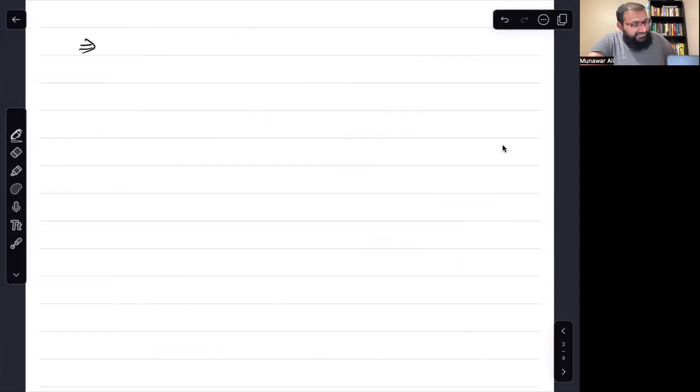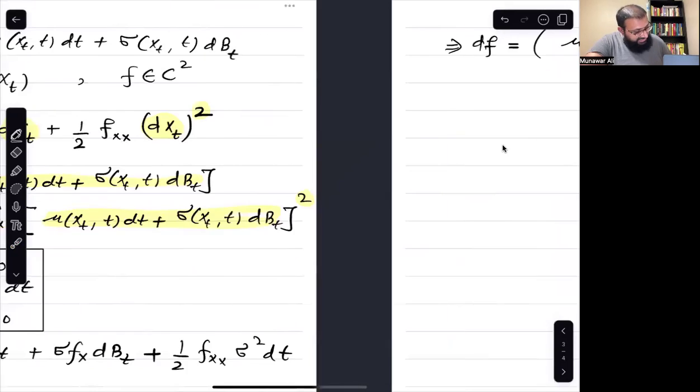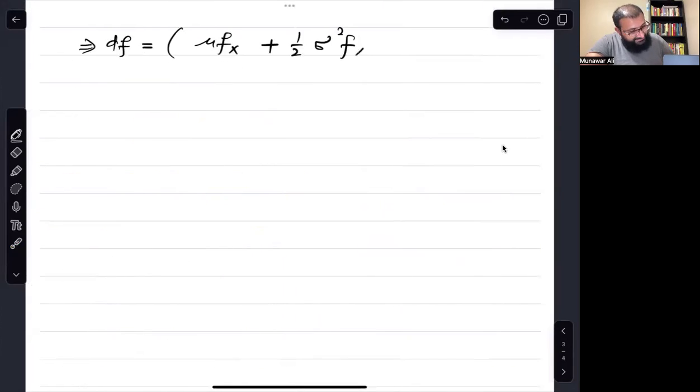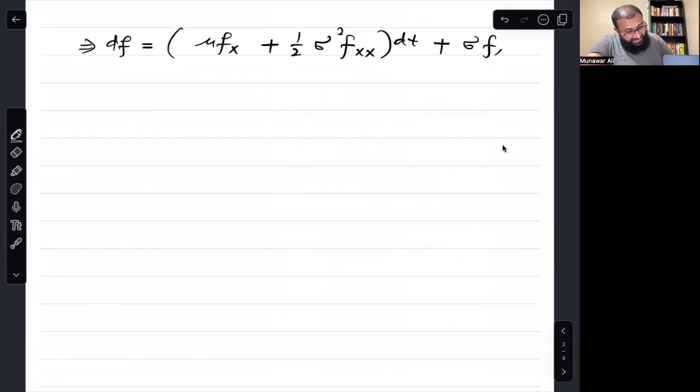So it will give me df is equal to mu fx plus 1/2 sigma square fxx dt, and plus the dbt term is sigma fx dbt.